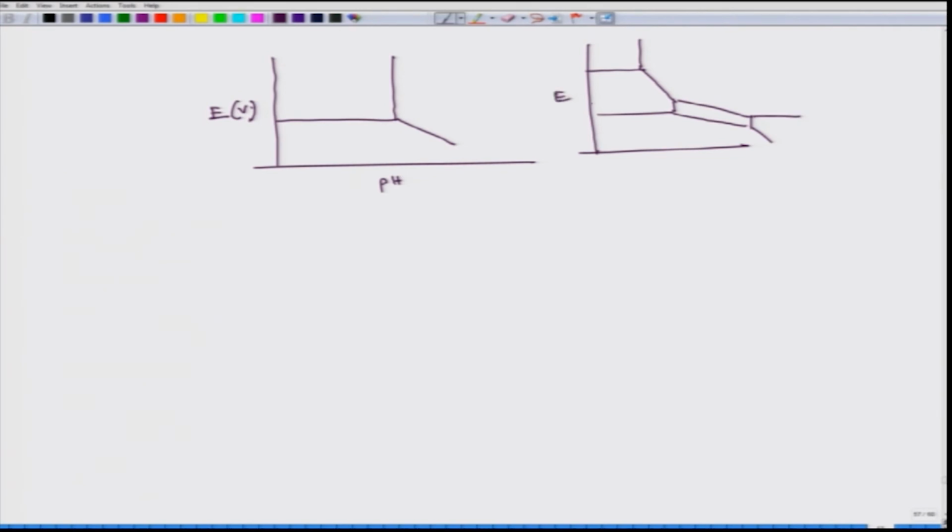This is E versus pH also. If we see this diagram carefully, then we will see that this is metal, this is metal ion and this is metal hydroxide M(OH)n or M2On. So, this kind of boundary we can have.